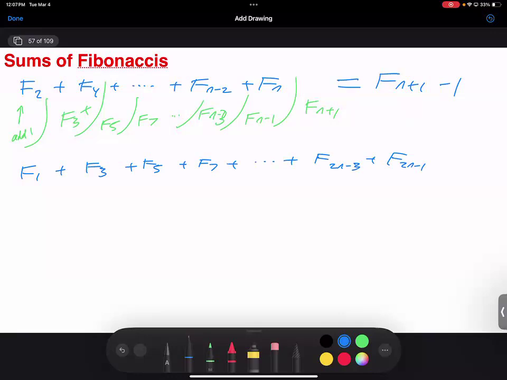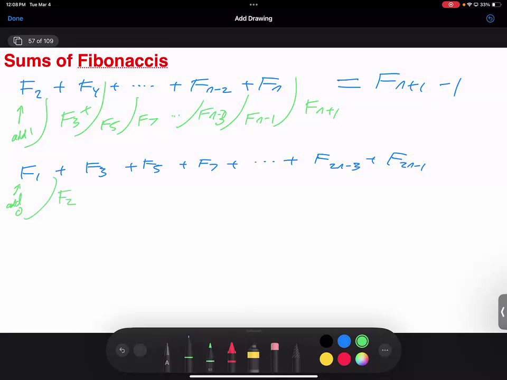We could subtract this from the total. Is there anything nice we could add to F1? 0. So if we add 0, we would get F2.